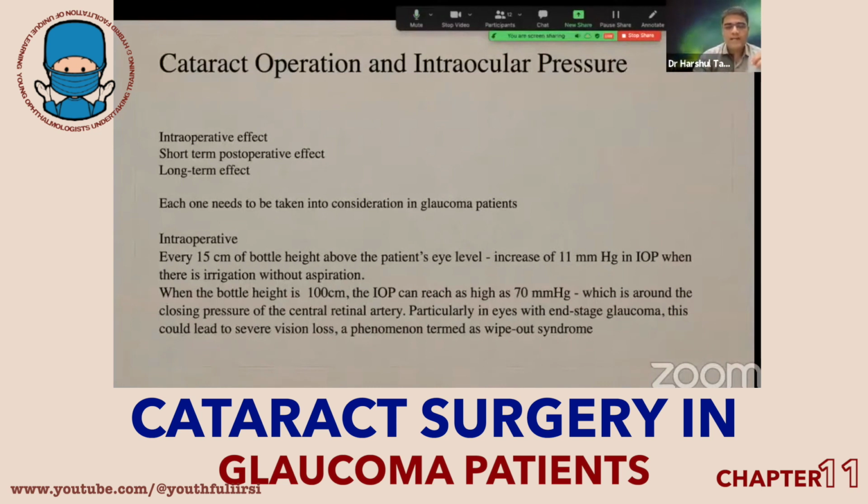So if the bottle height is 100 centimeters, the IOP can reach as high as 70 millimeters of mercury, which is around the closing pressure of the central retinal artery. So particularly in eyes with end-stage glaucoma, this could lead to severe vision loss, or what we call wipeout syndrome.